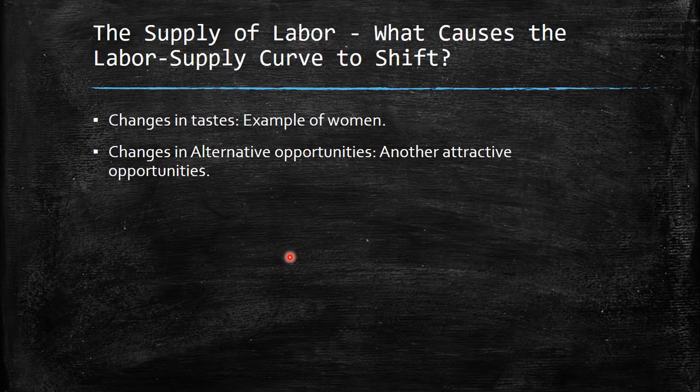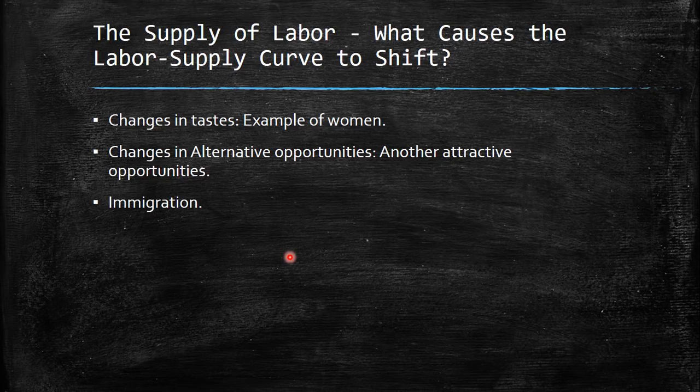Then we have changes in alternative opportunities, so maybe another attractive opportunity. So for example, if women go into the labor market, definitely this curve will shift to the right.